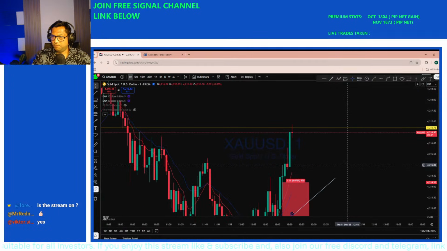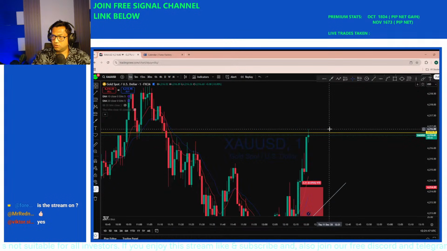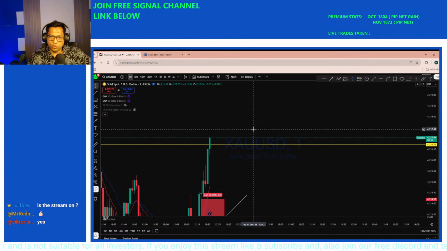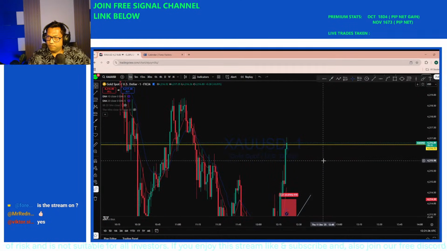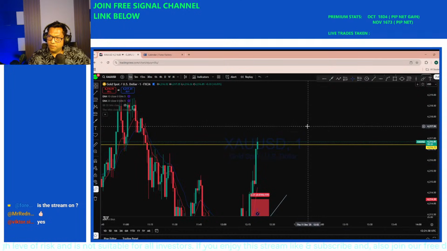So here the price has now crossed the entire resistance line back to the upside. So maybe moving up for a deeper liquidity sweep.